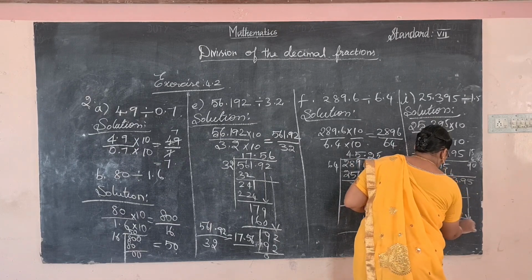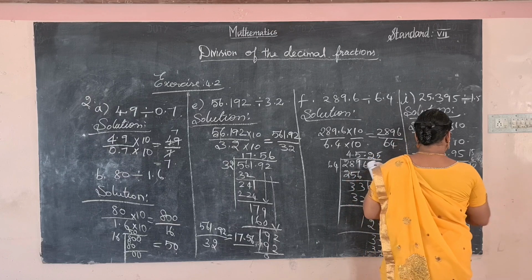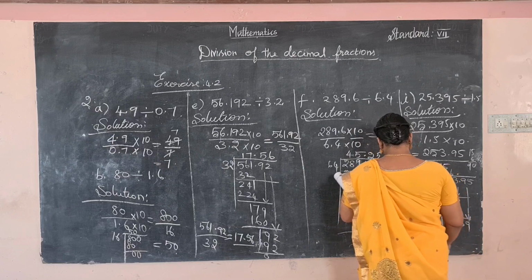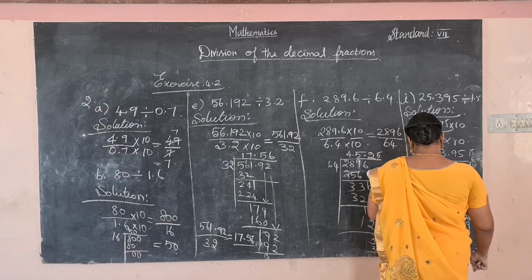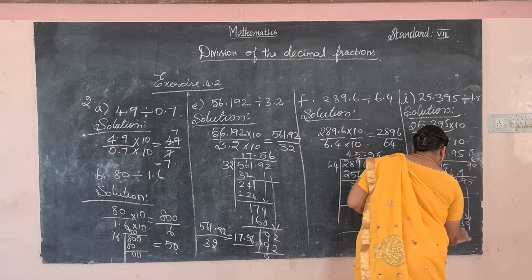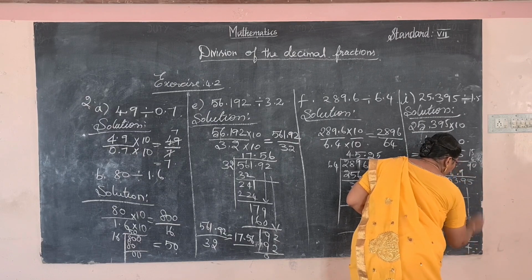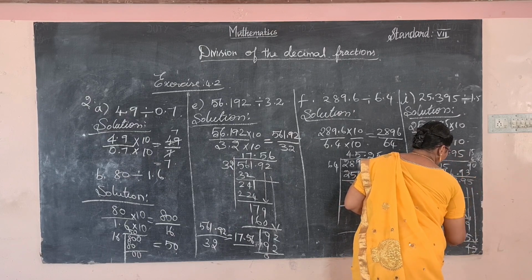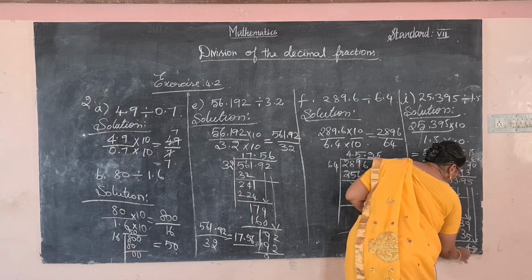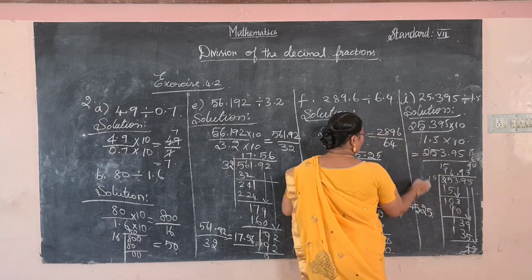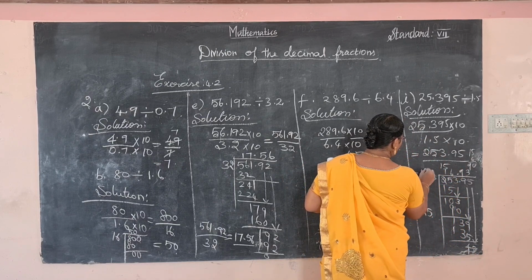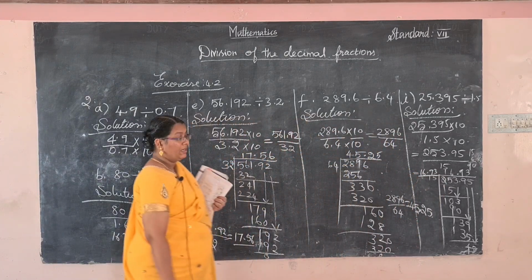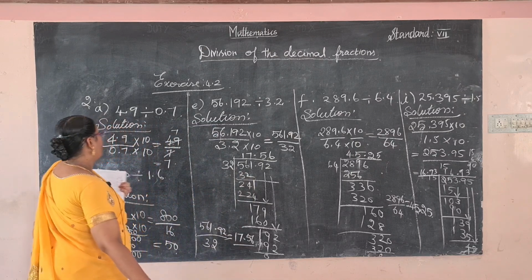Next bring down the 9. Here put the decimal point. So 139. How many times 15? 9 times 15 is 135. The remainder is 4. Now bring down the 5. 15 threes are 45. The remainder is 0. So the answer for this problem is 16.93.